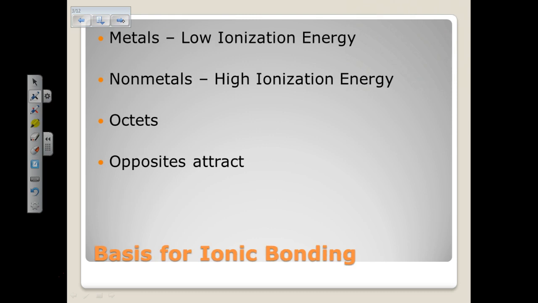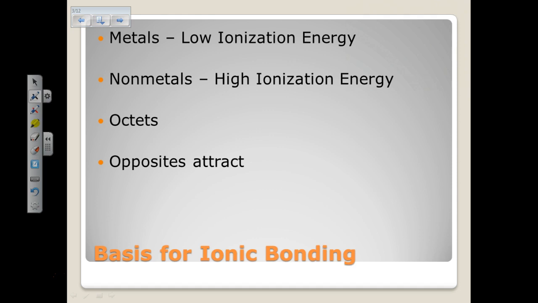And so if we are going to think about how this process occurs between ionic bonding, we have to go back to our ionization energy. Metals, like my note says here, have low ionization energy. That means that they're able to lose electrons pretty easily. So metals readily give up electrons.